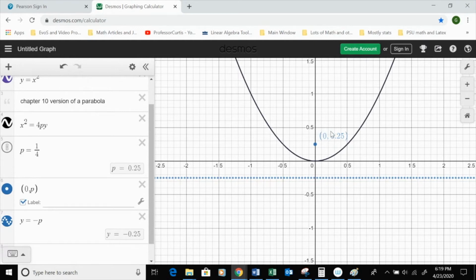And how far is it from here to here? And you could go ahead and use that distance formula if you wanted, and you could do all that work and you'd find, oh, it's exactly the same as this.